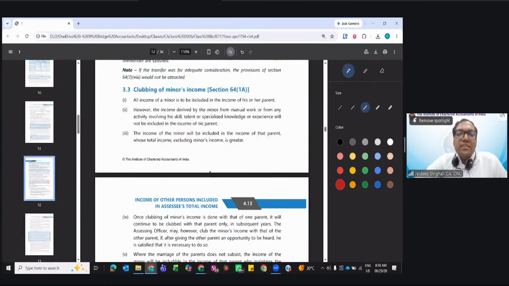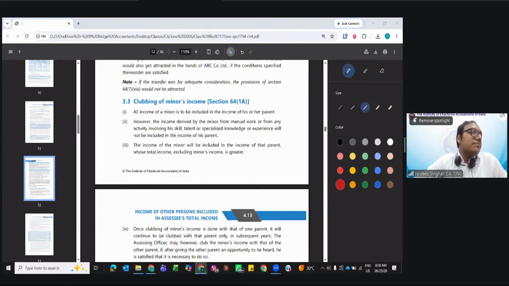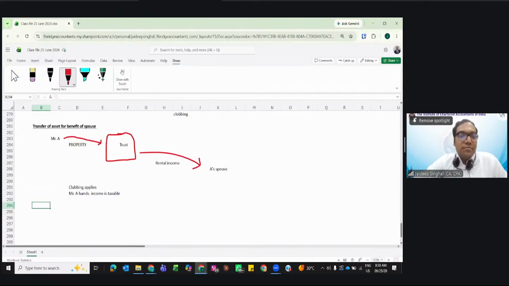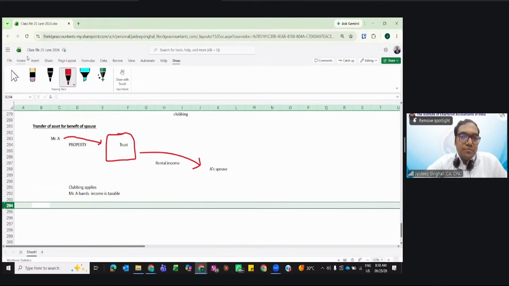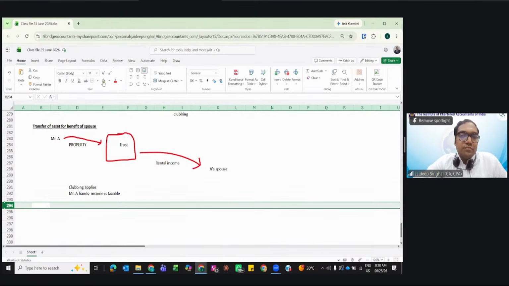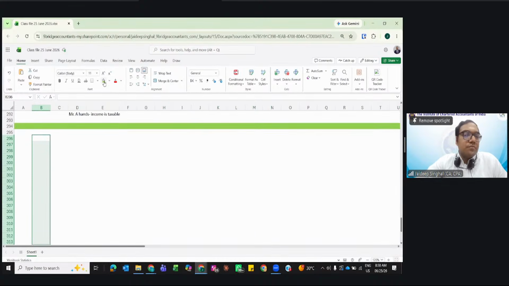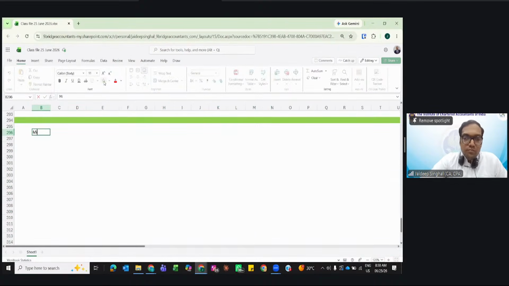Clubbing of minor's income. Now, let's discuss the concept of minor income. Let's suppose parents have a lot of income.